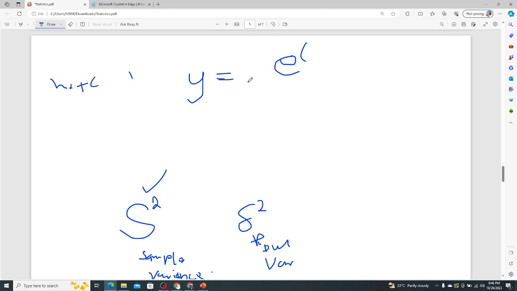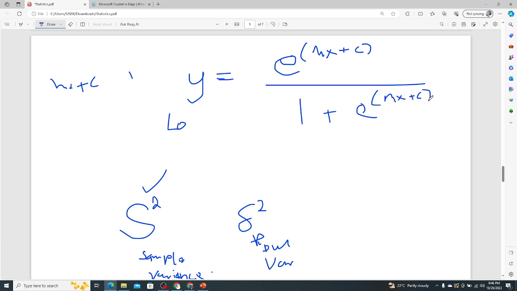In this case, the logistic regression equation is always presented as exponent of mx plus c, divided by 1 plus exponent of mx plus c.